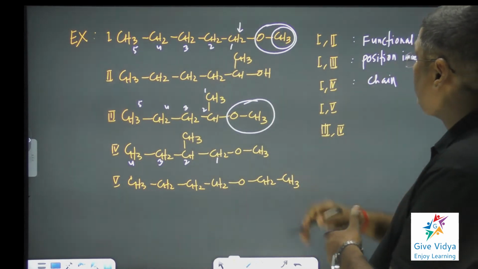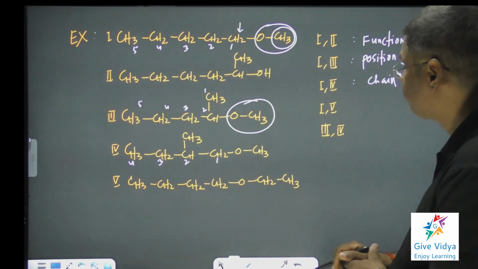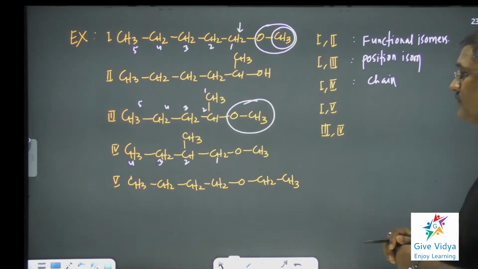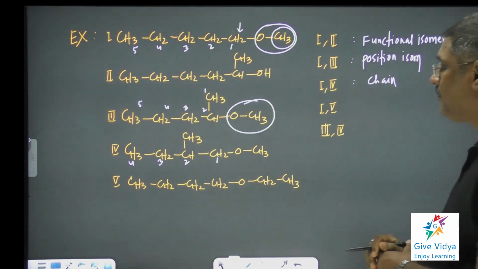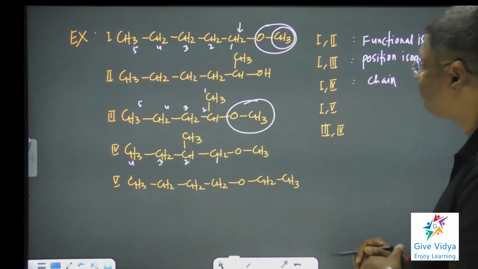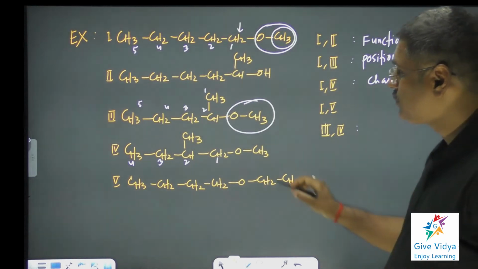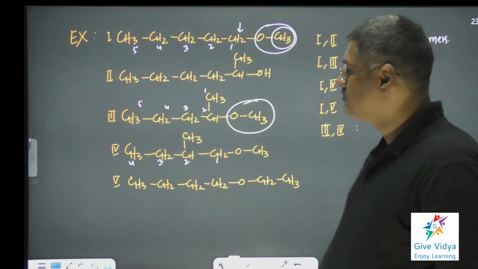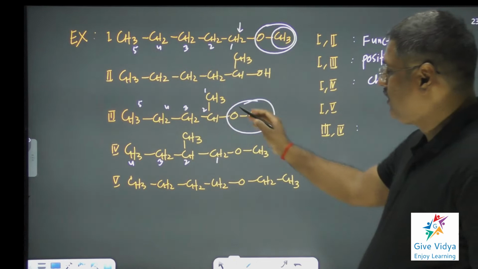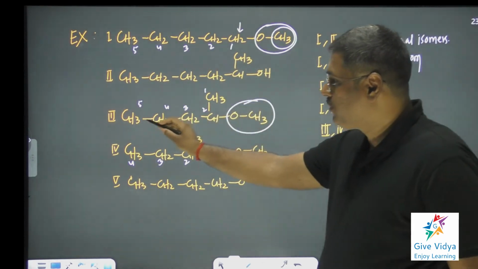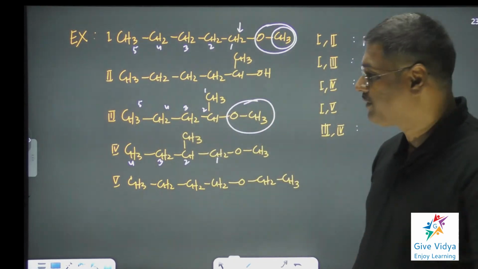What about 3 and 4? I have given 3 and 4. Same. This one, 1, 2, 3, 4. Chain is of 5 carbon atoms.